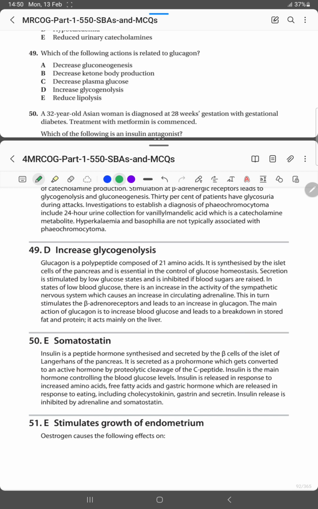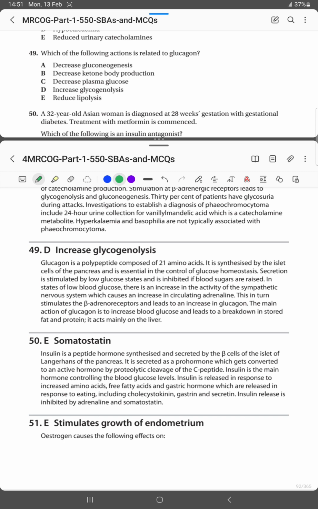gluconeogenesis. Glucagon is a polypeptide composed of 21 amino acids. It is synthesized by the alpha cells of the pancreas, and it is essential in the control of glucose homeostasis. Secretion is stimulated by low glucose states and is inhibited if the blood sugar is raised. In states of low blood glucose, there is an increase in the activity of the sympathetic nervous system, which causes an increase in circulating adrenaline.